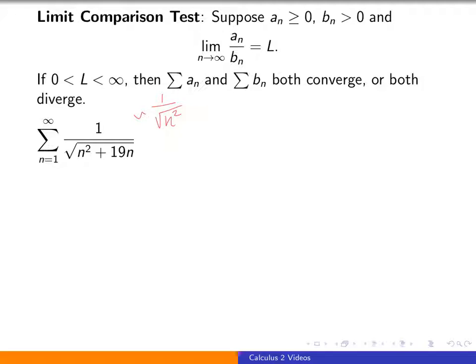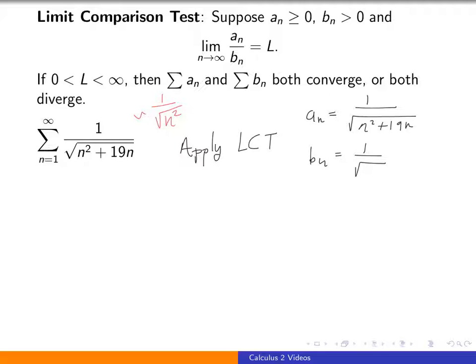So we will apply the limit comparison test, and we will abbreviate that with LCT, using a_n being the given series, the one we are interested in, and b_n being this one we would like to compare with, 1 over the square root of n squared, which is 1 over n.